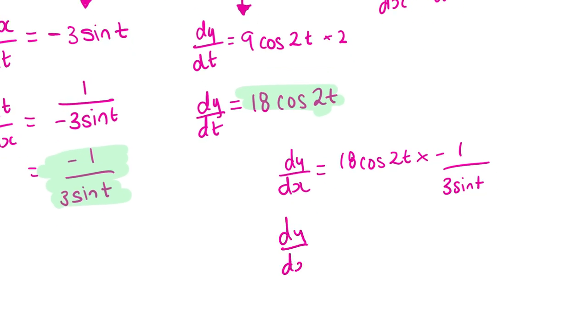So dy by dx equals 18 divided by 3, which is negative 6 cos 2t over sine t. Now hold up. Some of you are probably thinking, cos over sine, I know, that's cot. No, not in this case, because we have 2t here and we have a t here. We cannot simplify this because what's inside the bracket is not the same. So this is simplified form.